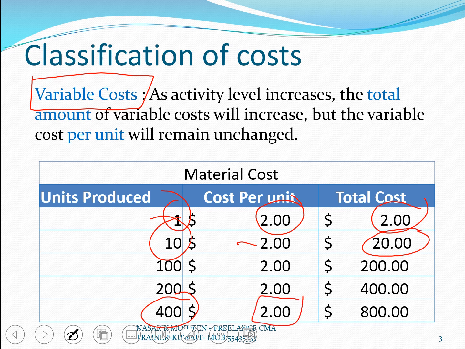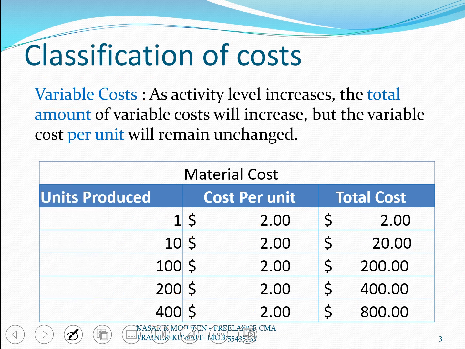I'm buying it at the same price, but my total is 800. So as the number of units increases, my total cost is increasing, but my cost per unit is the same, right? So this is the characteristic of variable cost. Per unit cost will remain the same, but the total cost will change based on the number of units we are producing.